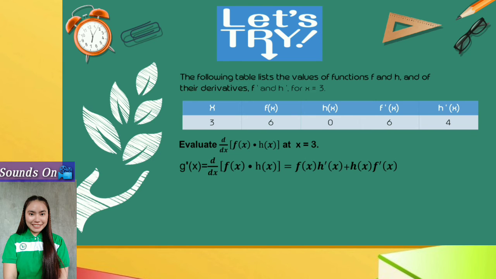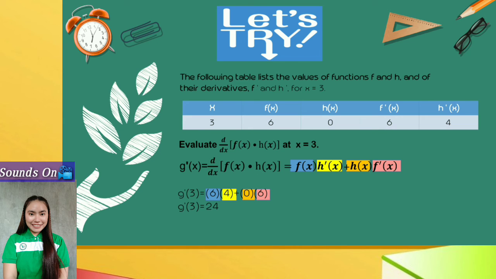Instead, isubstitute na lang natin ang mga ito. So g prime, if x is equal to 3, mag-base tayo sa table. So f of x is 6 times h prime of x, that would be 4, plus h of x, that would be 0, and f prime of x is 6.